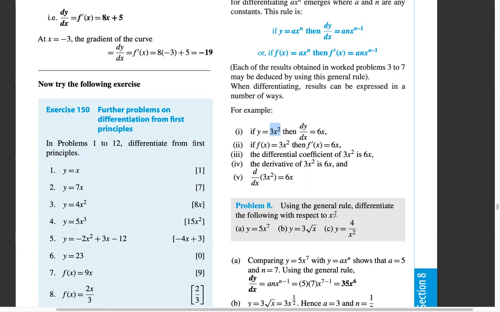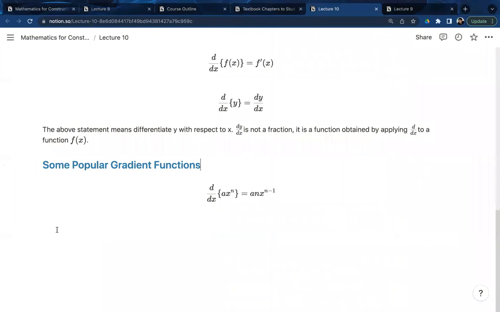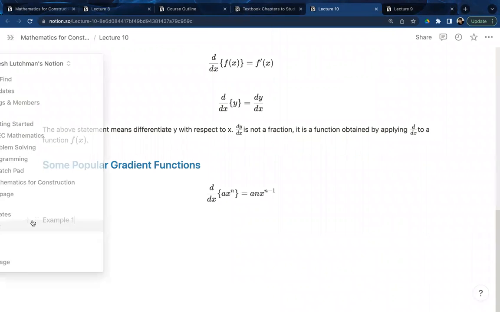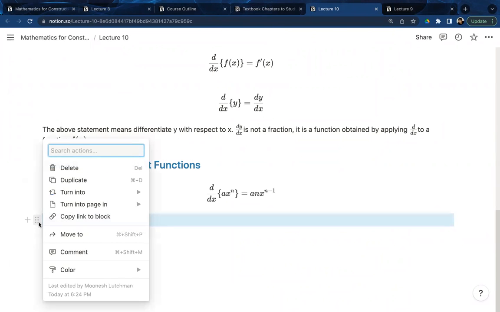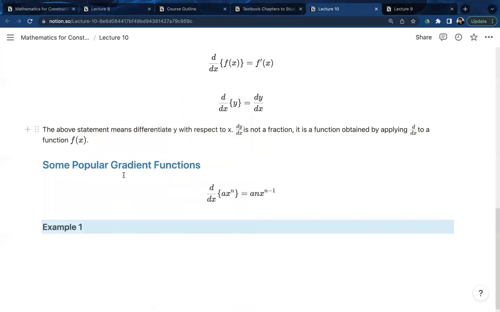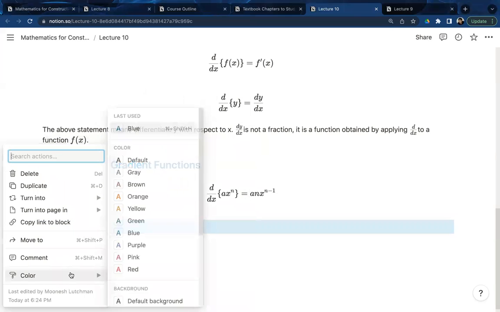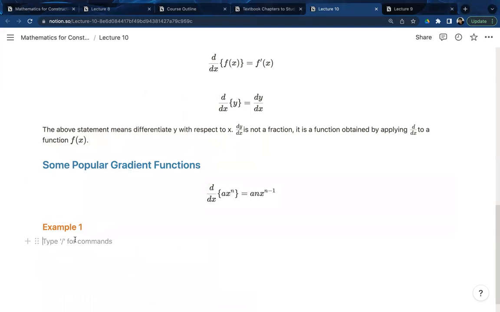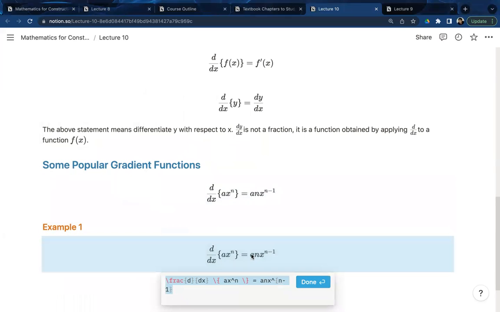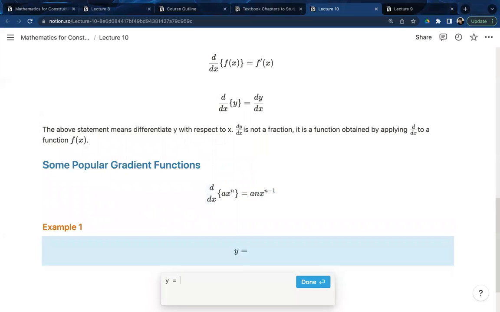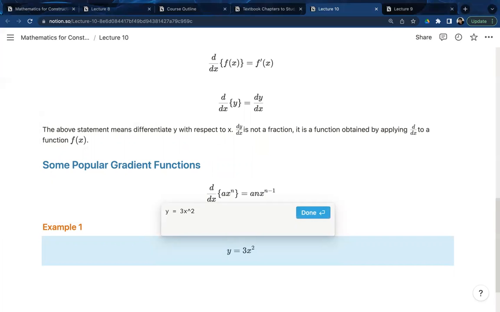You can see that with a worked example here. Example 1: y is equal to 3x squared.